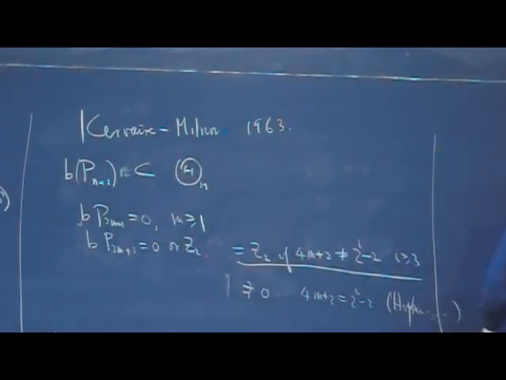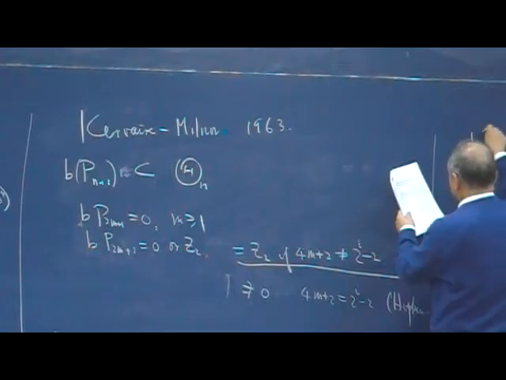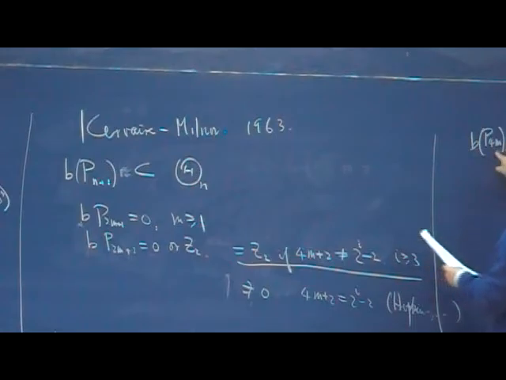And number 3, bP4m. So m is equal to 2. So these are odd dimensional manifolds bounded by even dimensional manifolds, 4m.